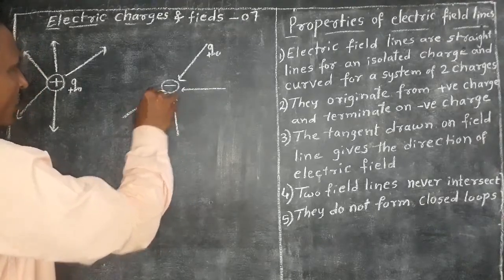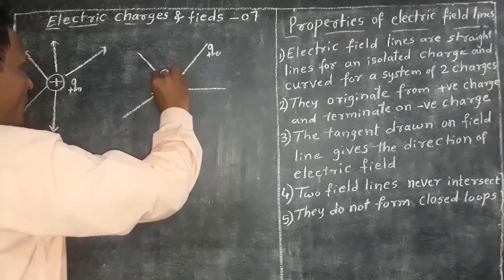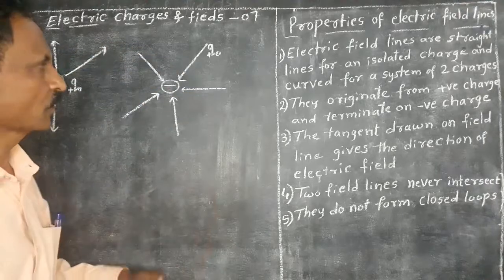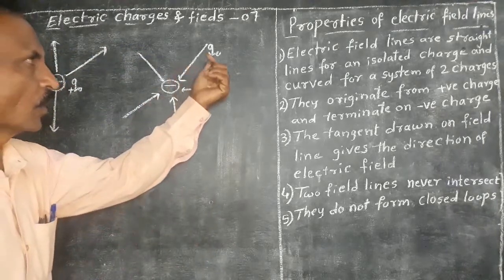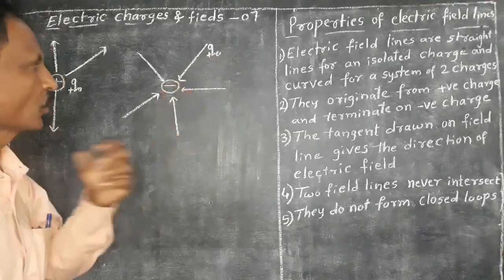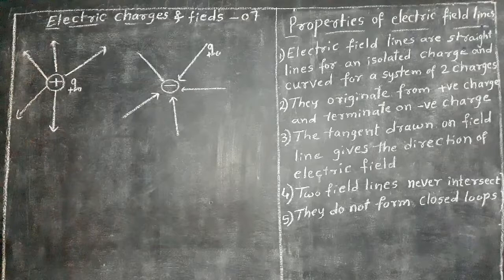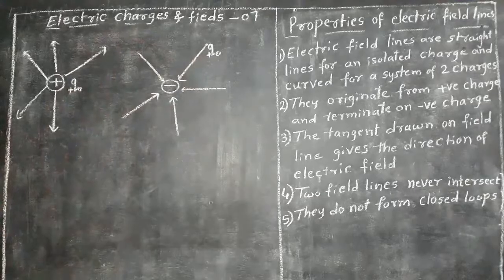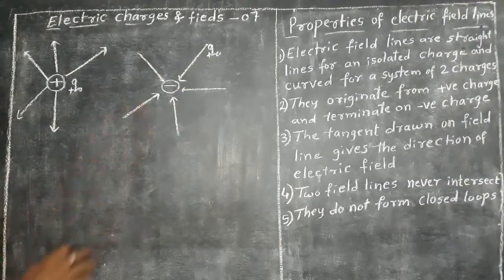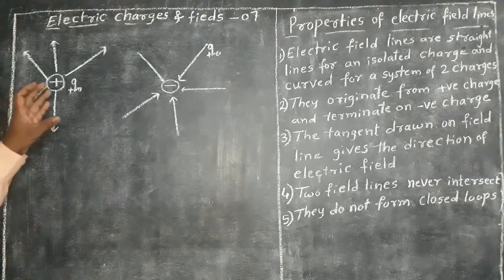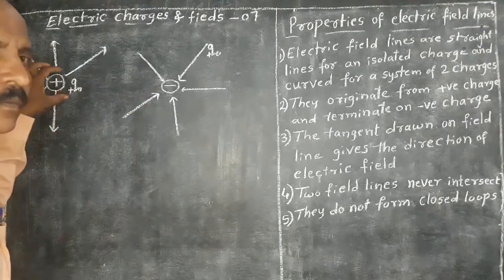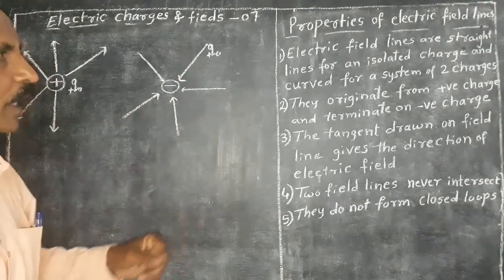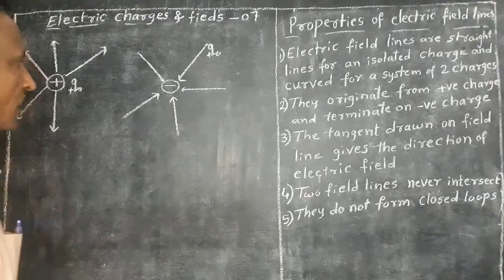At different positions, if the test charge is placed, it moves towards the source charge due to force of attraction between positive test charge and negative source charge. And these lines are drawn along the path in which the test charge moves and are called electric field lines. Therefore, electric field lines are straight lines for isolated charges and curves for a system of two charges.